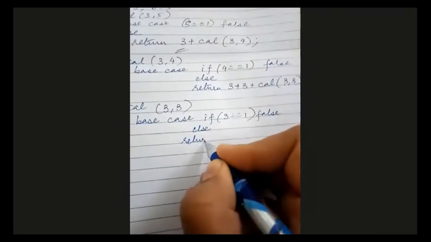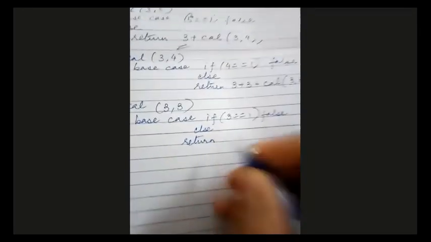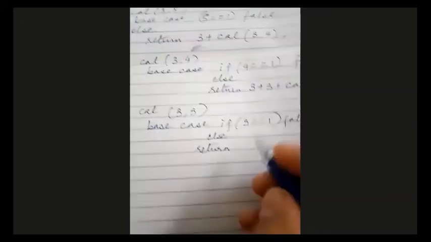See, for such output questions, you have to show the working. This is how you have to show the working. Every time the function is called, you have to show it fully. So it will return 3 plus 3, which was already there. Now what will happen? 3 plus cal 3 comma 2. So now the function will be called with the values 3 comma 2.